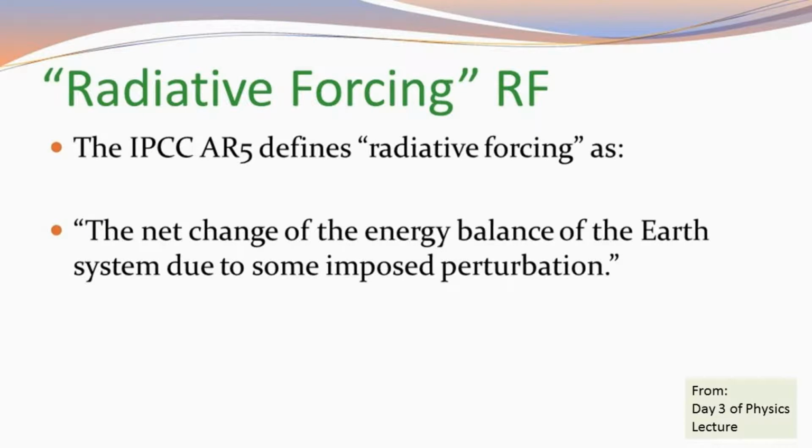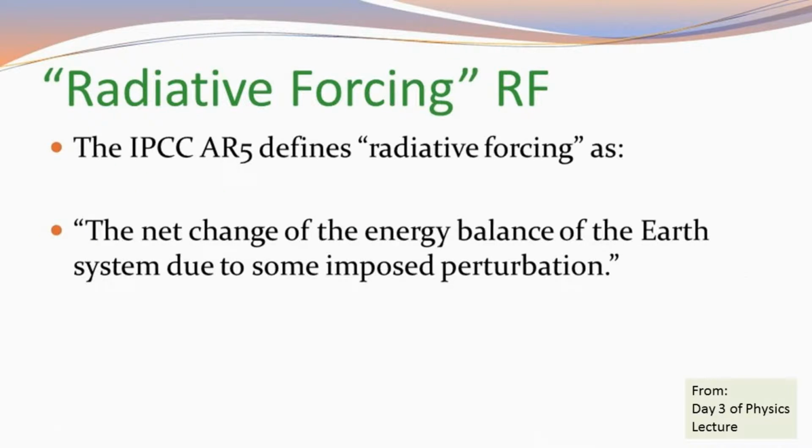The IPCC definition of radiative forcing was the net change in the energy balance of the Earth due to some imposed perturbation, which might be a little bit hard to get in this context here, but once we saw it in terms of aerosols and greenhouse gases and so on, it became clear that it's a measure of how much that factor, like changes in albedo or changes in greenhouse gas concentration, whatever, puts the Earth energy system out of balance.